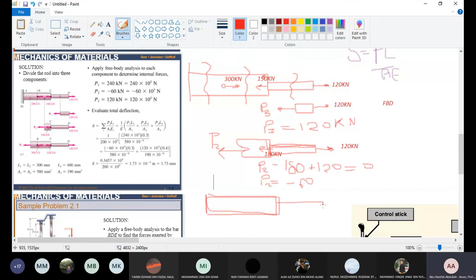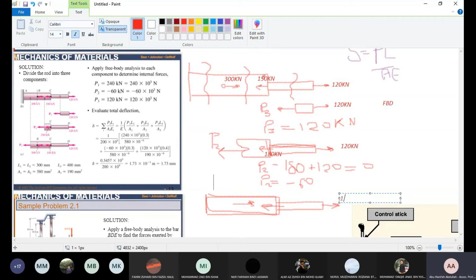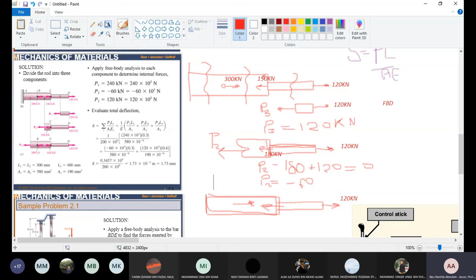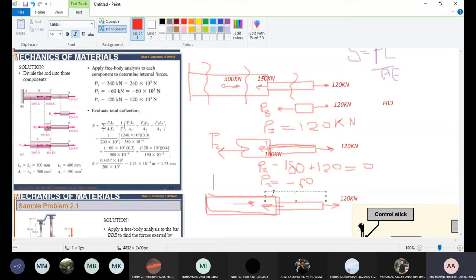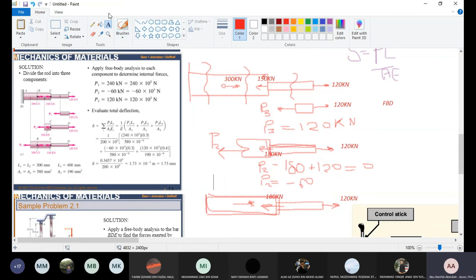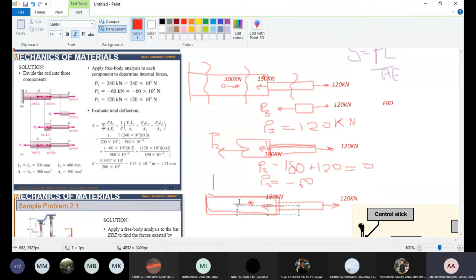Okay. So we have another cut here. And here is 120, and here is 180, and we have 300 going in that direction. 120 kilonewton, 180 kilonewton, 300.